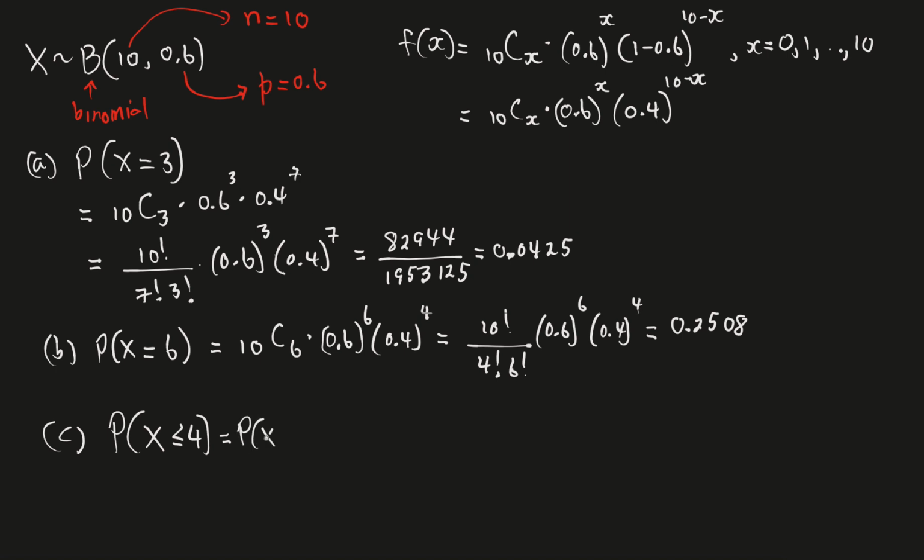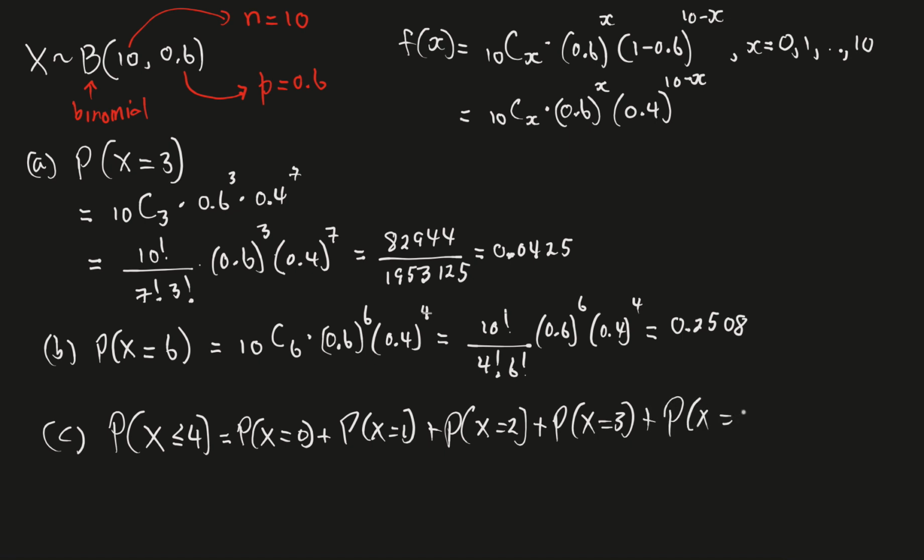X could be 0, or 1, or 2, right? Or 3, or 4, right? So these, again, are the mutually exclusive outcomes, all of which lead to an x value being less than or equal to 4.